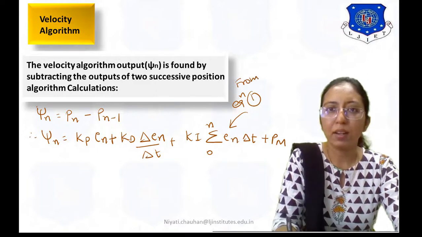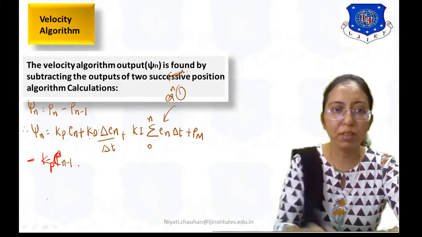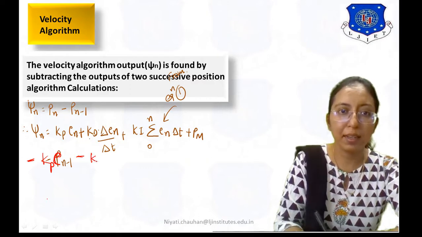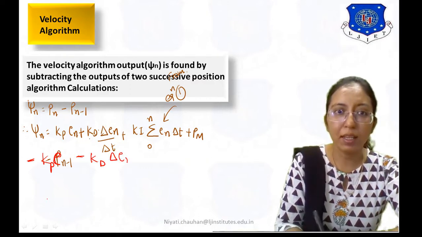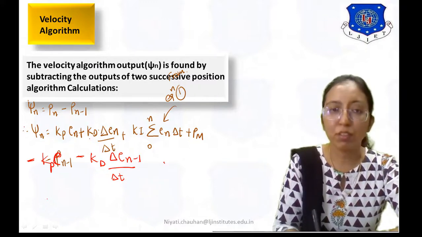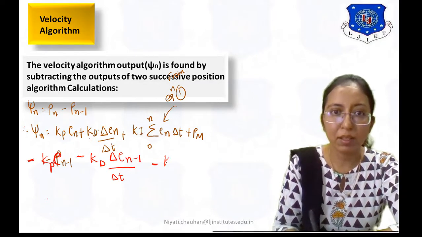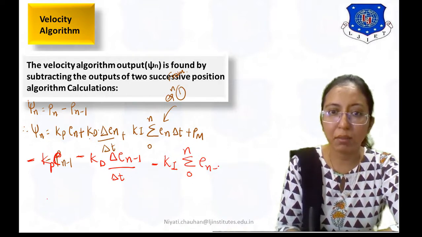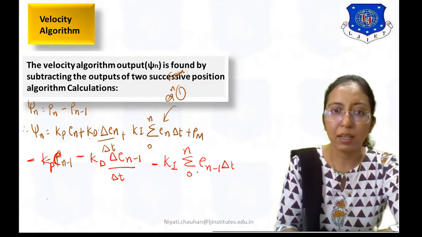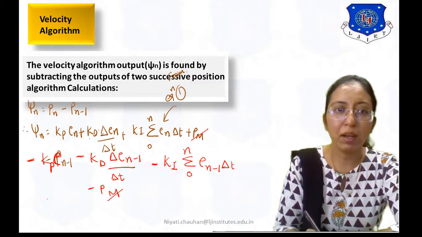Now minus Kp En minus 1, minus Kd delta En minus 1 upon delta t. Here we are doing summation for the integral, so minus Ki sigma 0 to n En minus 1 delta t, minus P0. So plus P0 and minus P0 cancel out.